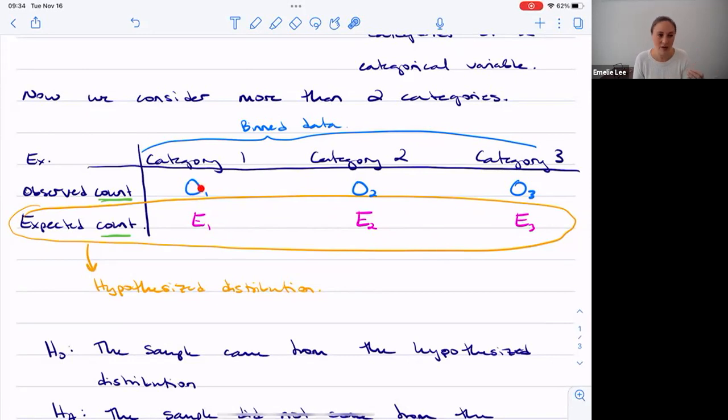We all understand that if a sample is randomly selected, those counts aren't going to be exactly 60. That would be some crazy fluke. But we expect the observed counts to be hovering around 60, unless there's evidence against the hypothesized distribution.